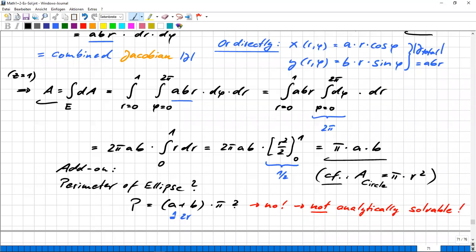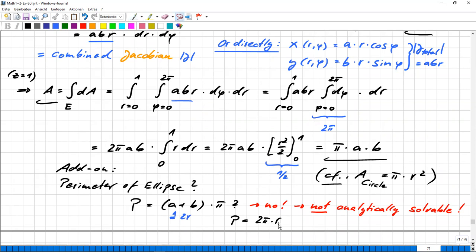Now, for the circle, we are all informed about this P equals 2 pi times R. So this is pi times, how do we say, the diameter of the circle, right? 2 times R would be the diameter.